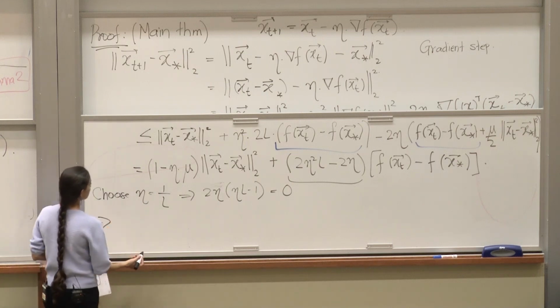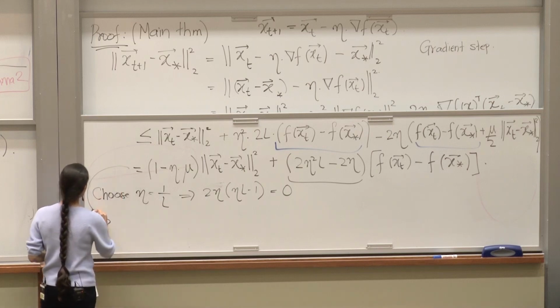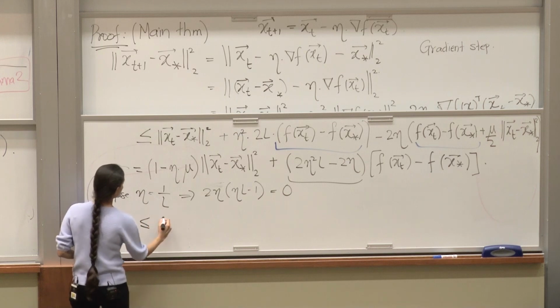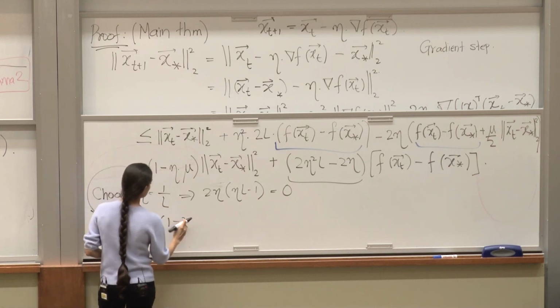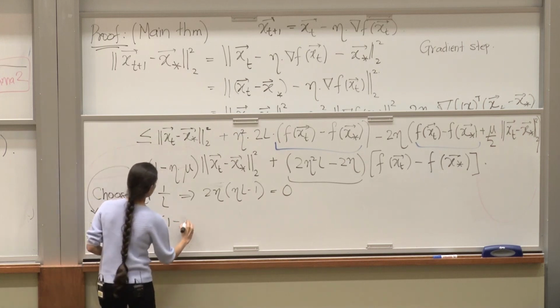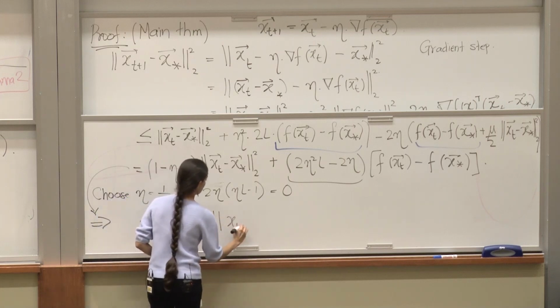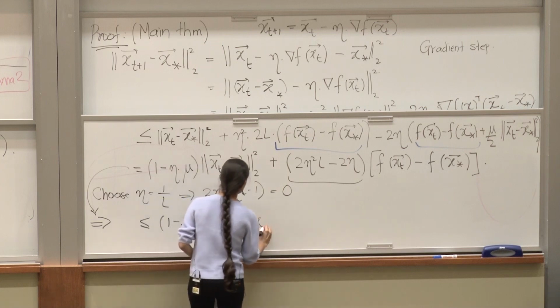Which implies that this thing is less than or equal to 1 minus mu over L times the norm of xt minus x star.